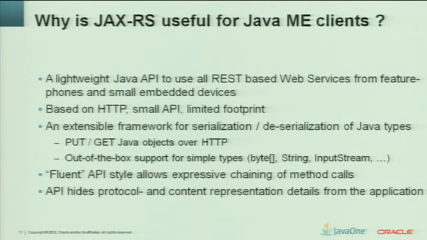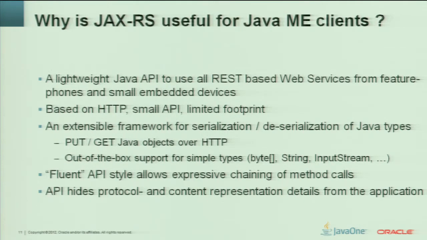It has limited footprint. It has a powerful extensible framework for serialization and deserialization of Java types. So basically you can put and get Java objects over HTTP, and the platform takes care of the serialization and deserialization. You invoke a method with a Java object on a web server, and you get a Java object back.